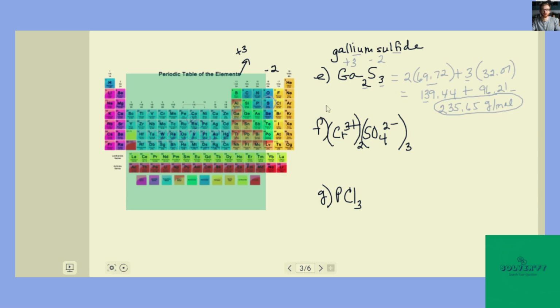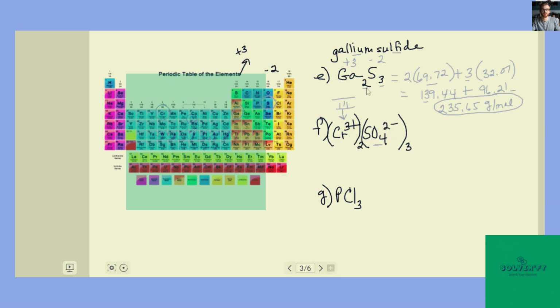The next compound is chromium 3 sulfate. That's what they tell us. So first thing we need to know is the formula for sulfate and its charge. So that's an SO4 2 minus. Chromium 3, when they give you a number in parentheses for a transition metal like chromium here, the 3 in Roman numerals represents the charge on that transition metal. So chromium 3 is a 3 plus charge.